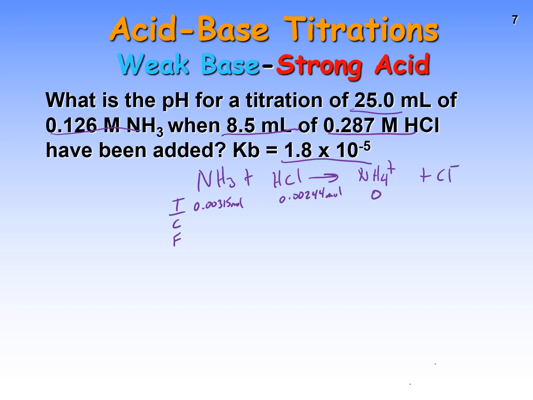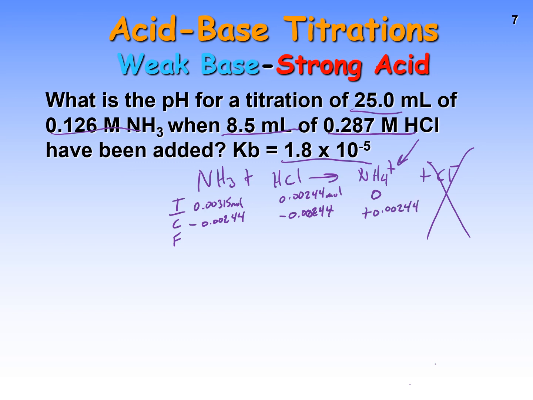This is different from the strong acid, strong base titration, where we didn't care about the products. In this case, we don't care about Cl minus. We definitely care about the NH4+ because it's a weak acid, and it's going to affect pH. So I'm going to subtract off my 0.00244 from everything since it's the limiting reactant, and I'm going to add it to my NH4+.